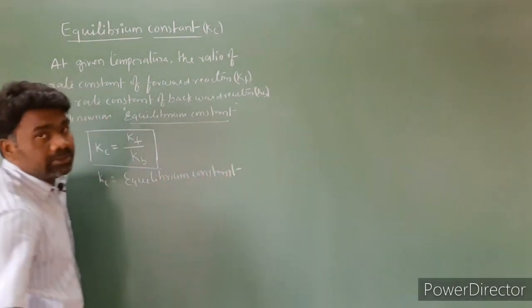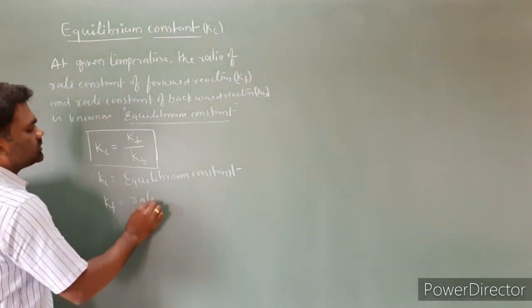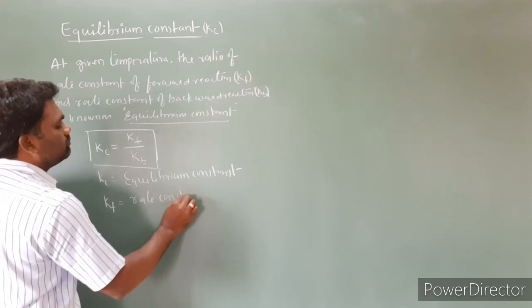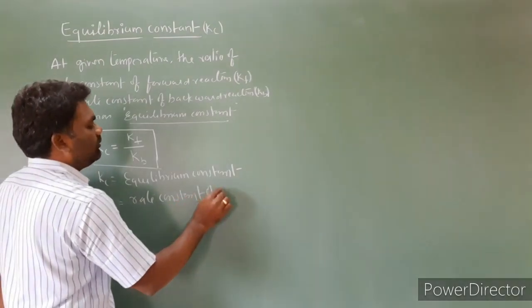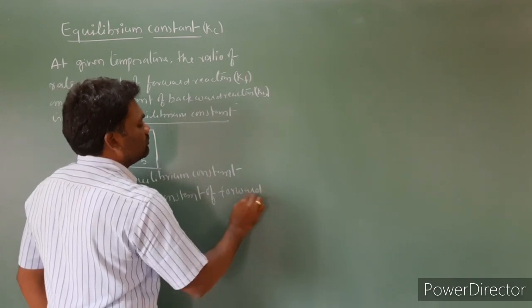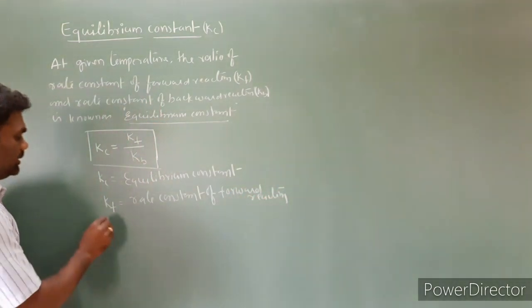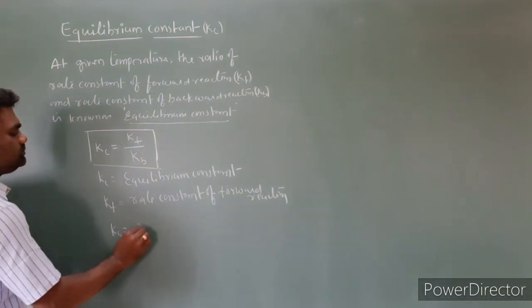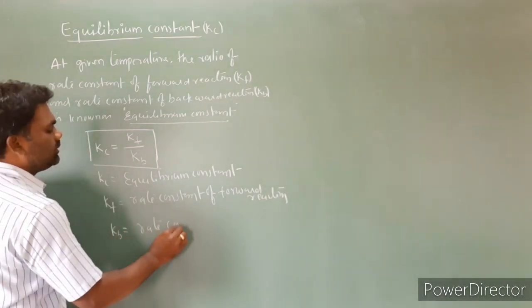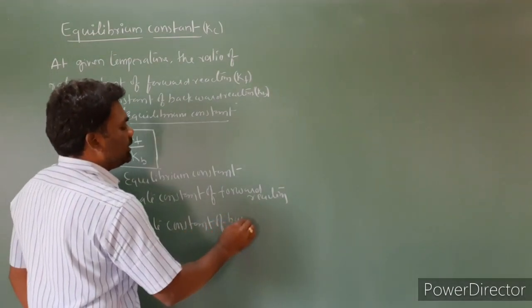Here Kf is equal to rate constant of forward reaction, and Kb is equal to rate constant of backward reaction.